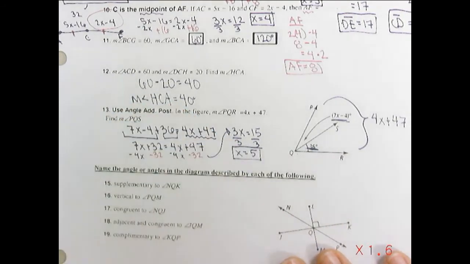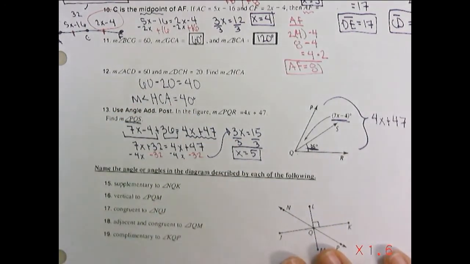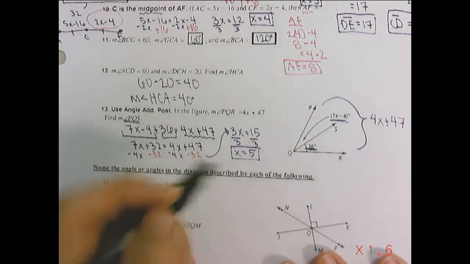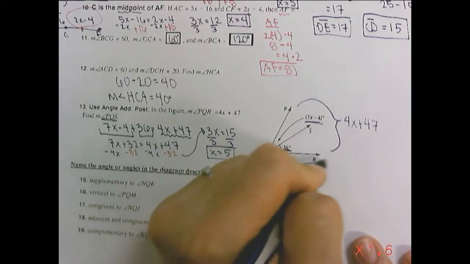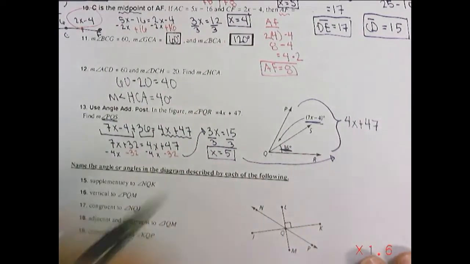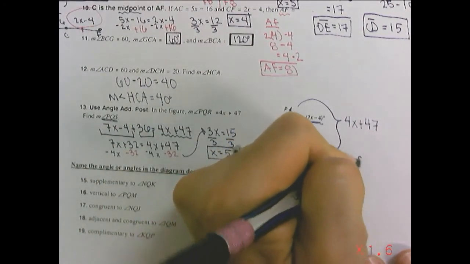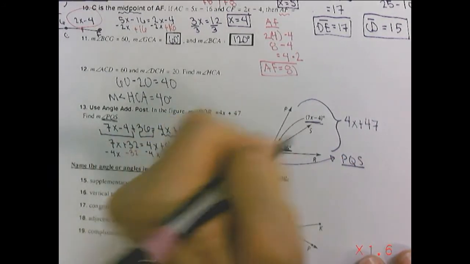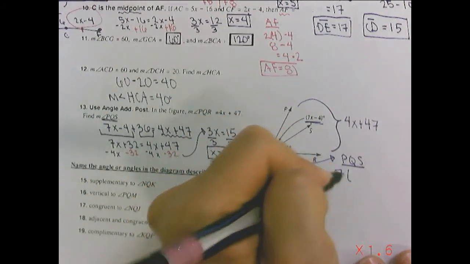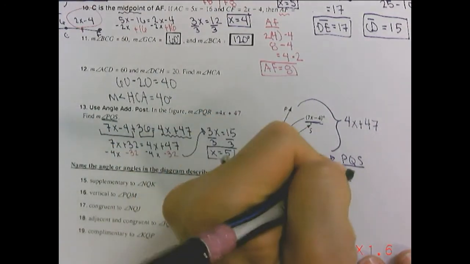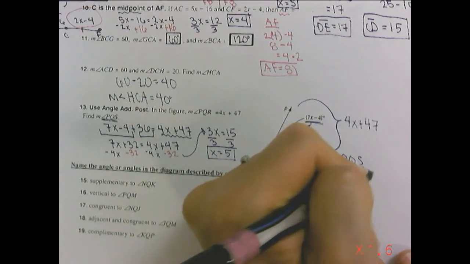There's one of my answers, but now I need to find PQS. So I'm going to take that 5 and plug it in. I'm going to go over here where I have a little bit more room and find PQS. PQS is 7x minus 4. So I'm going to do 7 times 5, what my x was, and then subtract the 4.